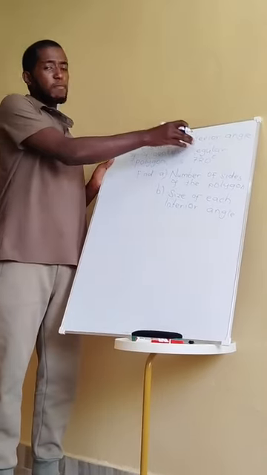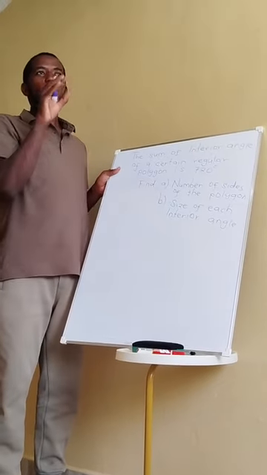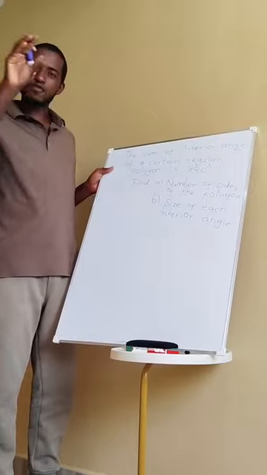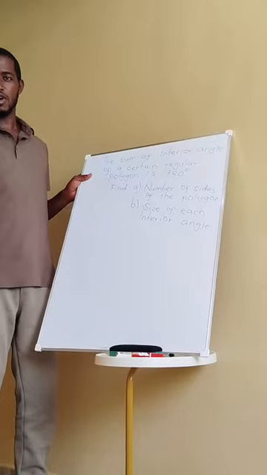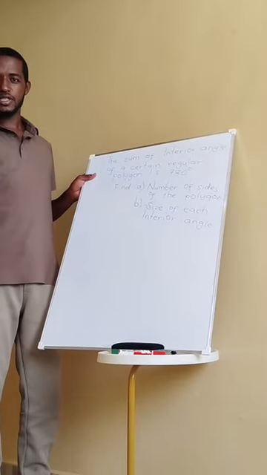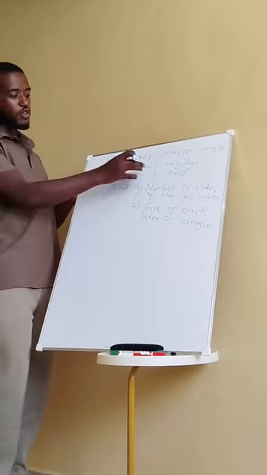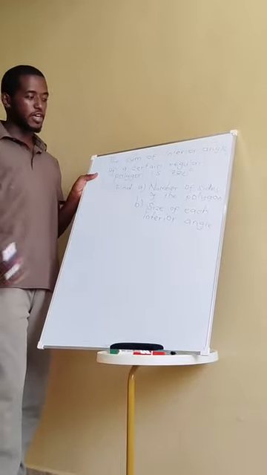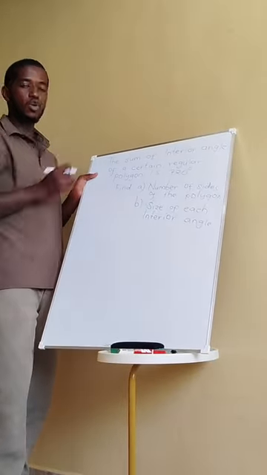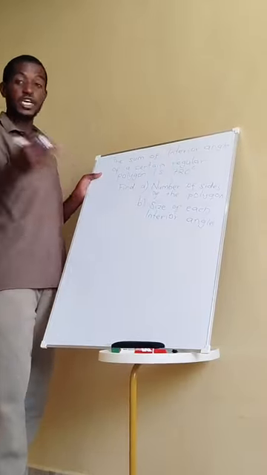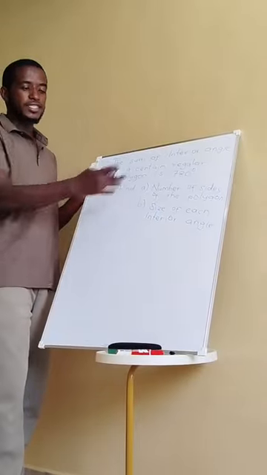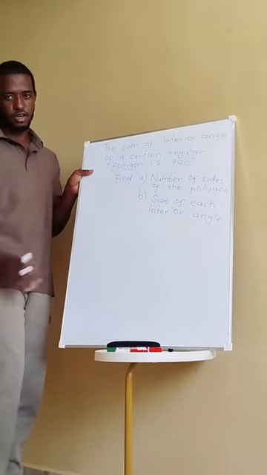In our previous question, you are given the number of sides and you have to compute the sum of interior angles. But for this case, you are given the sum of interior angle of that polygon and you are asked to find the number of sides of the polygon and the size of each interior angle.